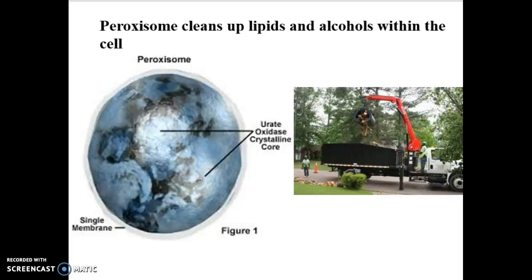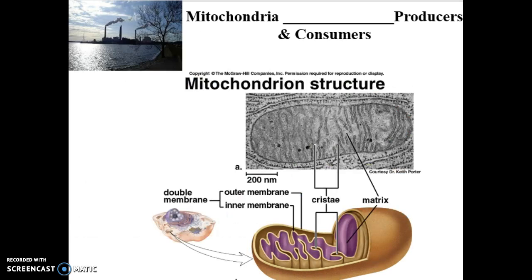Okay, so these structures go across all cells. Every cell, plant, animal, fungi, protista, etc., they all have these basic structures. They all have these key cellular structures. Now, the next one we want to look at here is the mitochondria. This structure is the key to power.